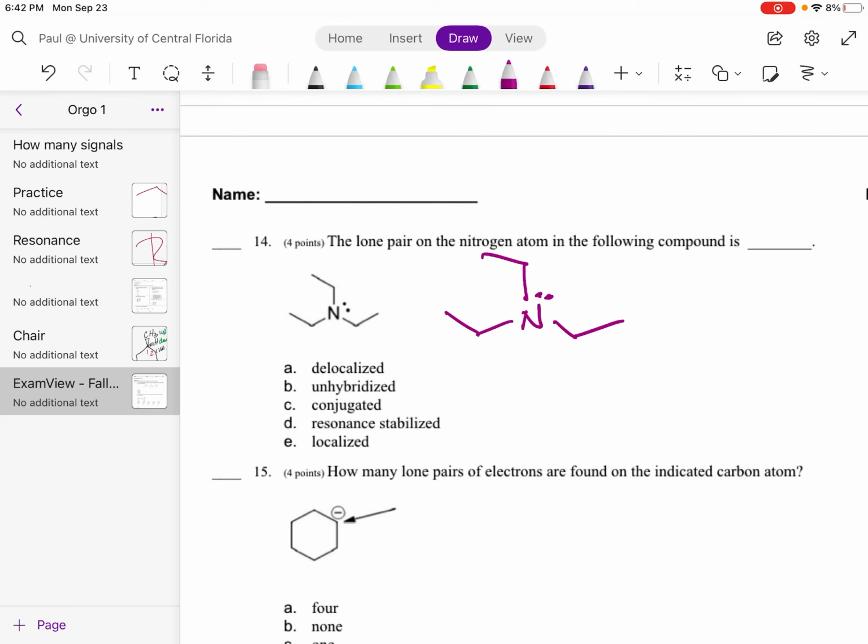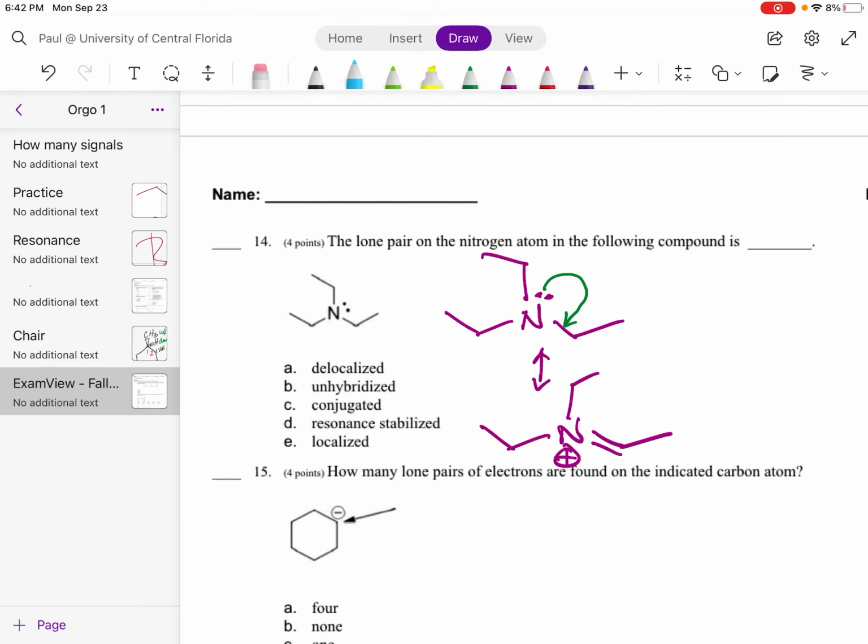But if you cannot, then they are localized. Now, if I take that lone pair and put it in between there, is that valid? Well, it's a good question that you can answer by just drawing where you're moving that lone pair. So you would have that structure.